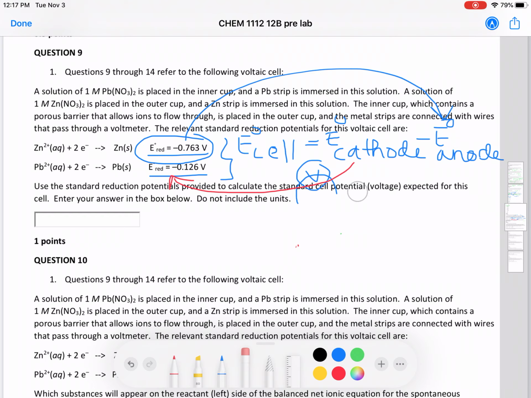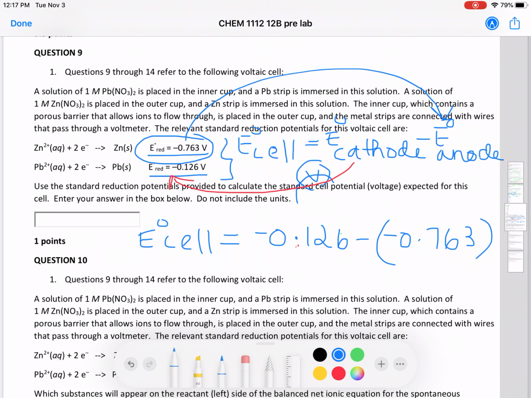Okay, so let's see now. E naught cell equals E naught cathode. Remember, we figured out our cathode is -0.126, minus the anode, -0.763.